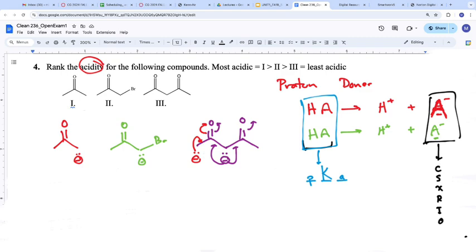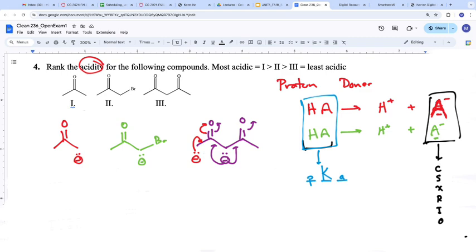So 3 is going to be more acidic than 1 because it has two potential resonances, where 1 only has one potential resonance. 2 should be more acidic than 1 because there's an inductive effect that 1 doesn't have. 3 should be more acidic than 2 because it has more resonance structures, but this one has more induction.